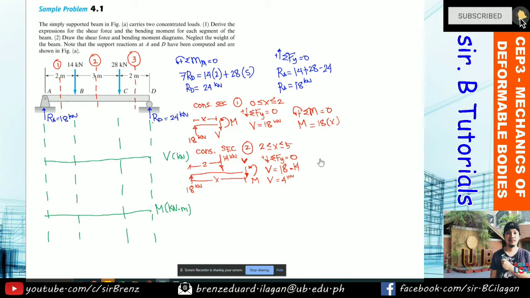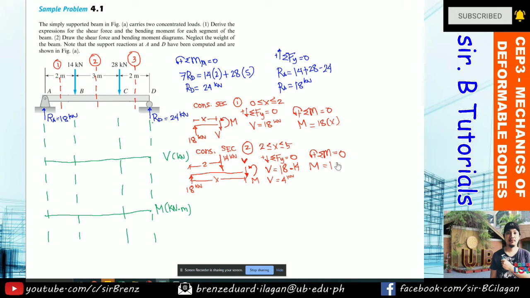Next, establish naman natin yung equation mo for moment. So, para kay moment, ganun lang din, kagaya na ginawa natin doon sa section 1. So, again, assuming that all counterclockwise moment is positive, take summation of moment at 0. So, our equation will be m, so equals ko na lang ulit.